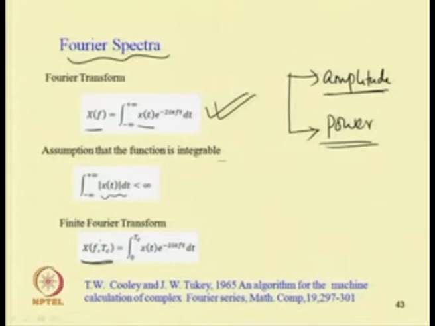Let it be integrable up to time t c, then this expression can be used. Here f is the frequency, t c is the time up to which the function is integrable, and the expression is integral 0 to t c x t into e to the power minus 2 I pi f t dt. In this way one can find the amplitude spectra of the system.